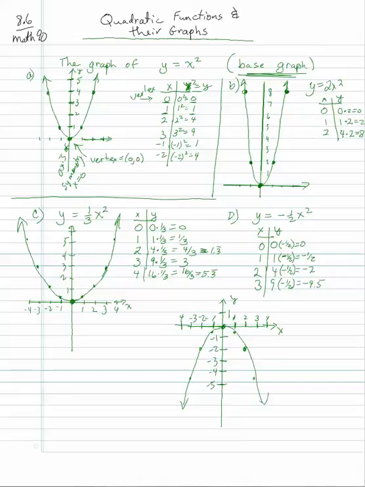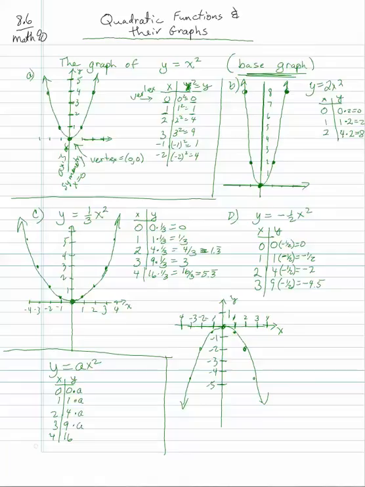So basically, I just memorize: if I do y equals ax squared, I'm going to do my base graph, 0, 0, 1, 1, 2, 4, as many as I want. 3 squared is 9, 4 squared is 16, and so on. Then you times it by whatever a is.